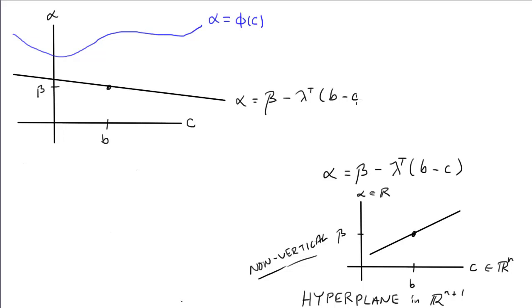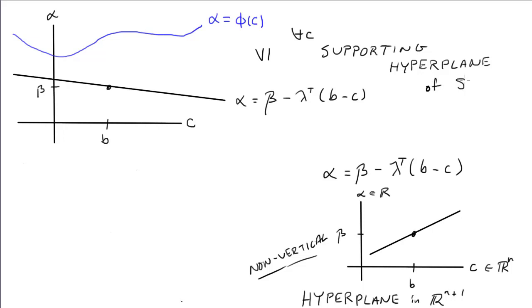If my hyperplane and the phi function have this relationship, where the plane is always below the graph, then this hyperplane is called a supporting hyperplane of the set of points above the graph.